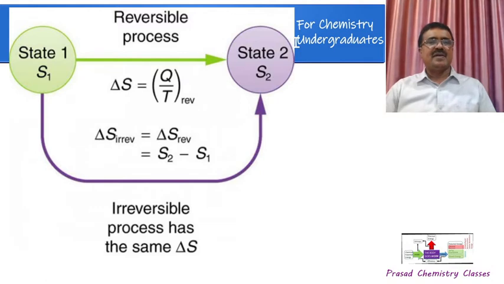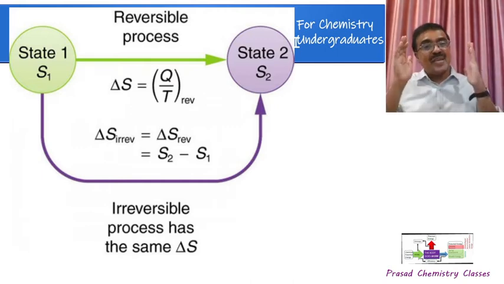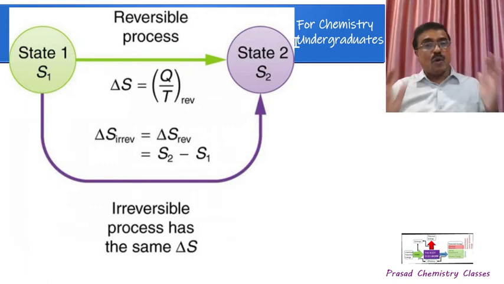That's fine. And we have to see that the same change is done by another path which is irreversible in nature. But the change in entropy, delta S, has to remain Q reversible by T. That is an important conclusion from the above discussion. Whether the process is reversible or irreversible, we need not worry about it.